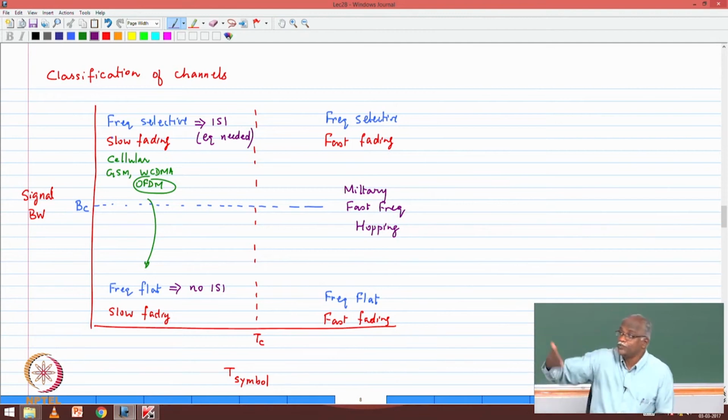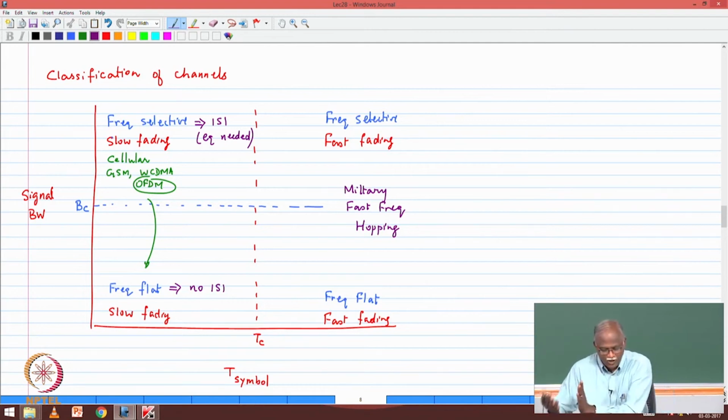That means you are hopping so fast that within one symbol the channel will change because you are hopping the frequency. So again, these are very complex radios which we don't build in civilian life, because the electronics require very extreme complexity. So again, these are used for very specific purposes. So the right hand side is not as common.